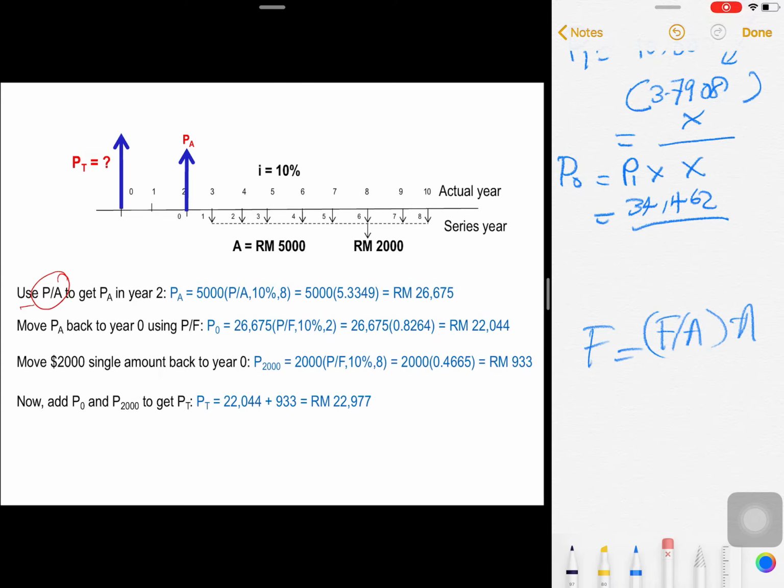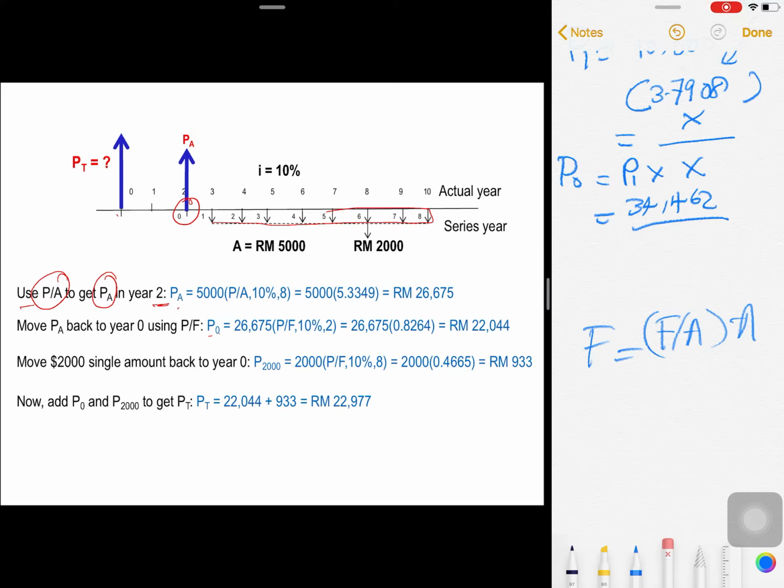Okay, and then use P over A to get PA in year 2. You want to get PA so that you get the value of the series over here. And then move PA back to year 0 by using the P naught equation.